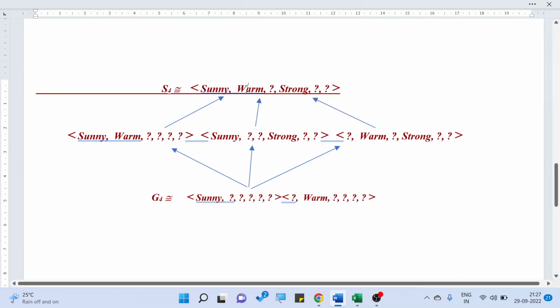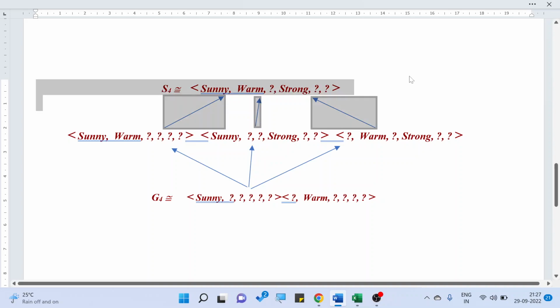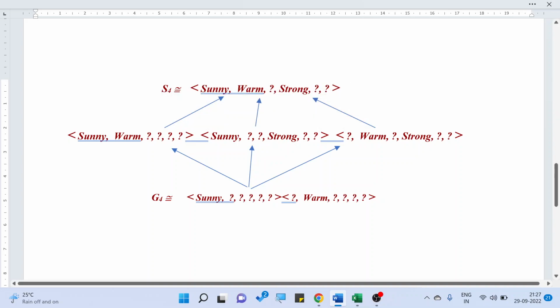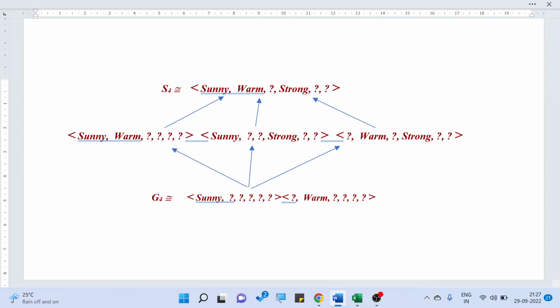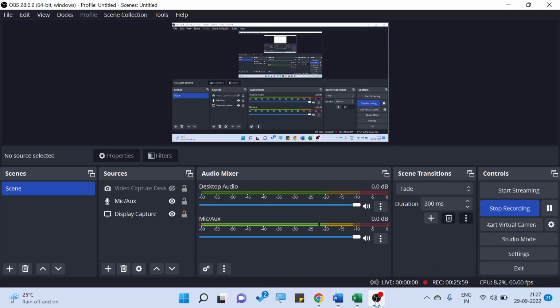We got totally 3 hypotheses. From those we generated the in-between ones, so totally we got 6 hypotheses. This is the candidate elimination algorithm.